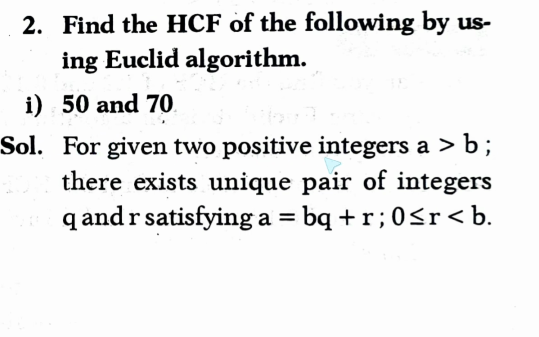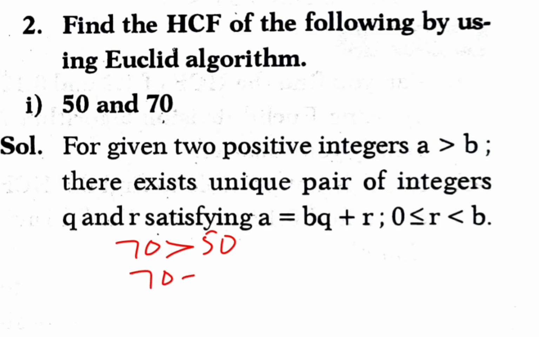For given two positive integers, A is greater than B, there exists a unique pair of integers Q and R satisfying A equal to BQ plus R, where 0 is less than or equal to R less than B. A is greater than B, that means A is 70. 70 is greater than 50. So we should take A equal to 70.